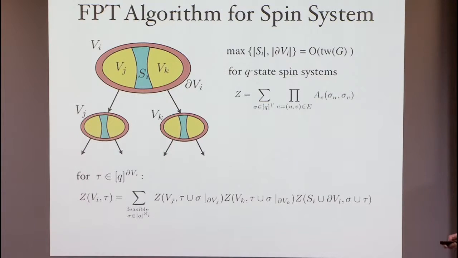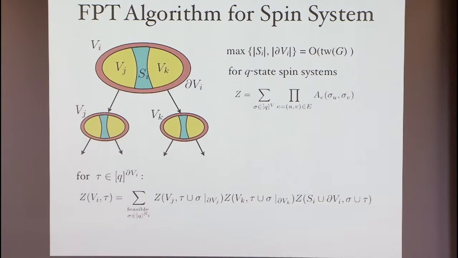And then taking the product of these 3 parts: the partition function of the left child, the partition function of the right child, and the contribution of the separator itself. And this third part can be evaluated directly on site because every spin here is fixed. And these 2 are just recursive quantities. So this is actually a tree recursion, a computation tree on the decomposition of the graph.